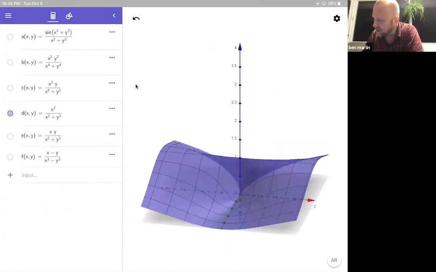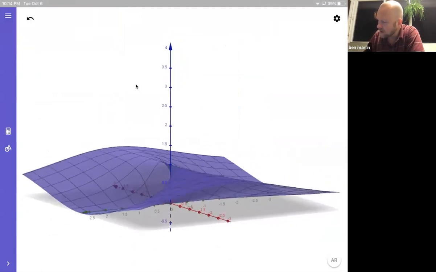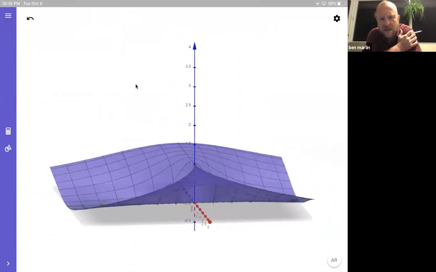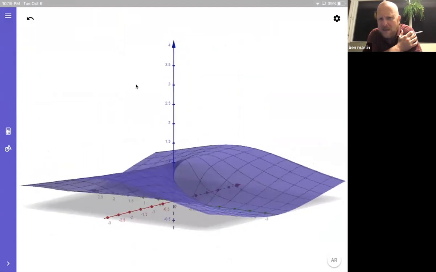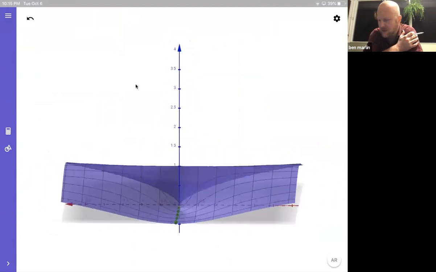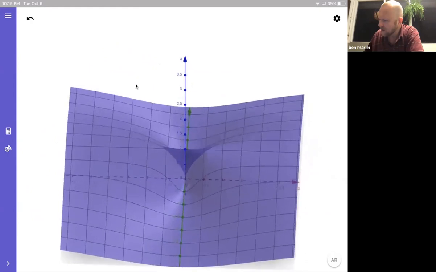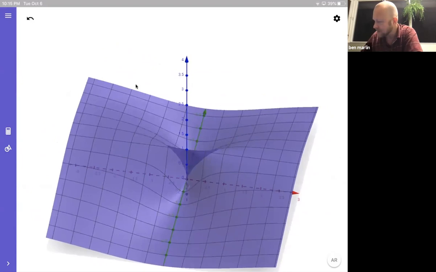Watching it turn around gives us a little bit of insight. It has a weird setup where it looks like it's got a pinch in the middle. I think this is the x-axis here, the red one.